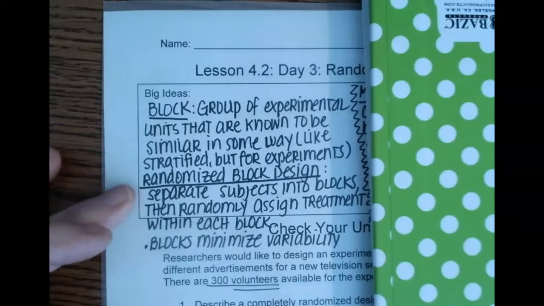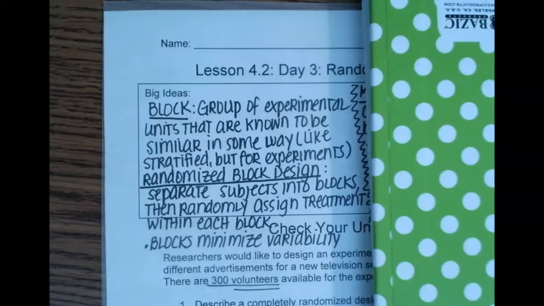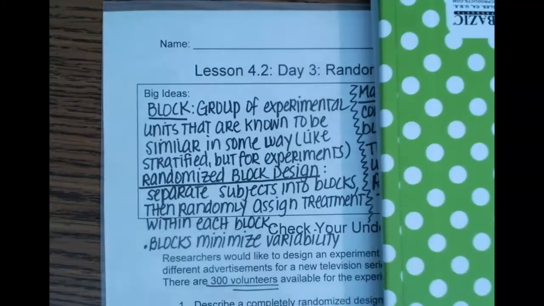Then we use these blocks to build a randomized block design. So we're going to separate our subjects into blocks, and then we're going to randomly assign treatments within each block, and the blocks help minimize variability. That's our purpose for doing this, is we think this characteristic is going to make a difference, so we're going to block it out by making sure we have representation of whatever the block is in each of our treatments.